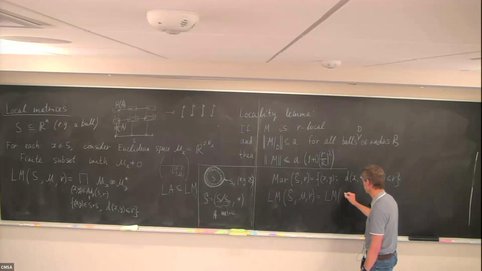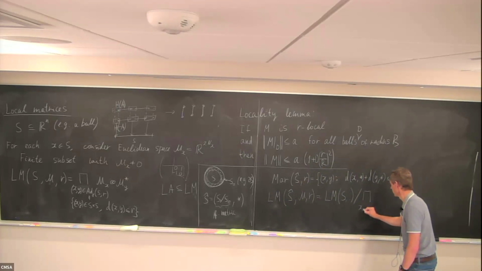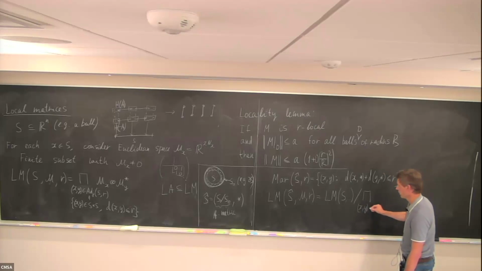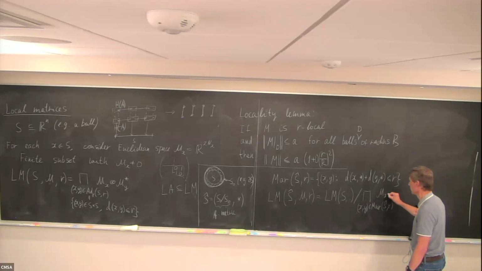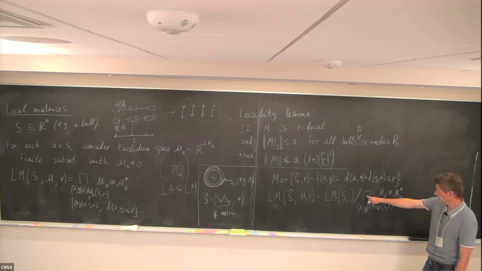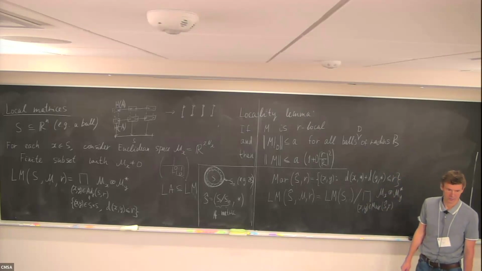This is the quotient of local matrices on S over the product over marginal pairs. And the idea is that the data or the matrix elements near the boundary are unreliable, and we want to ignore them. That's why we're taking the quotient.